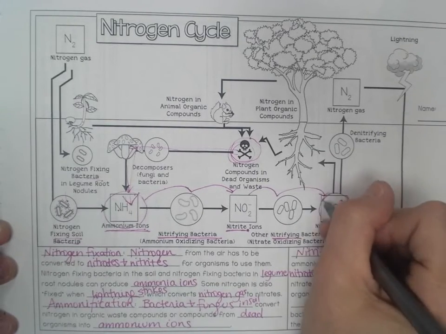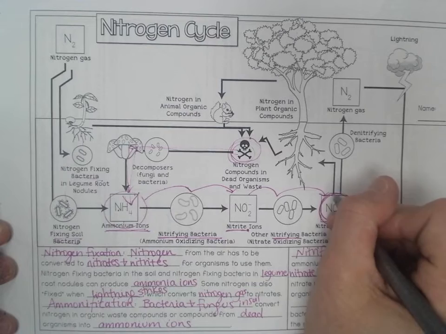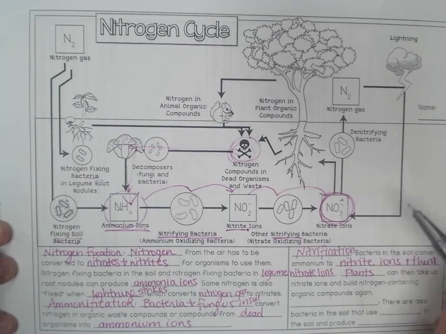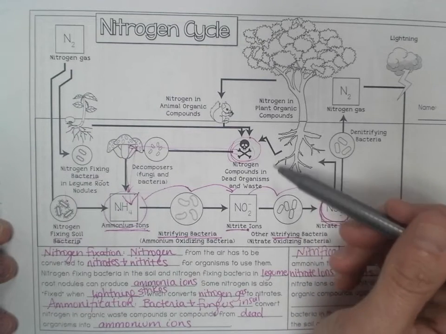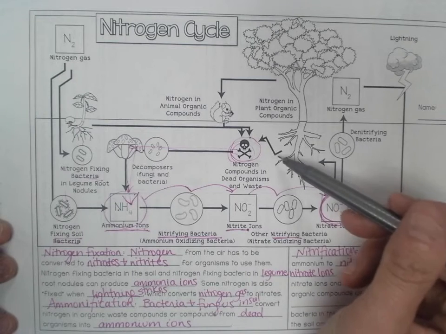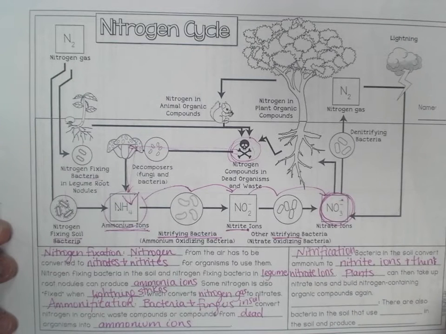And then once they're in the nitrate situation, now the plants can use that. Plants can actually use these compounds to help to create those organic molecules, the nitrogen containing organic molecules within their cells.